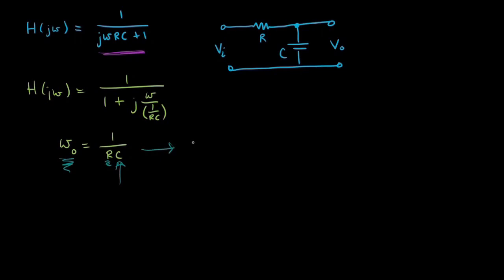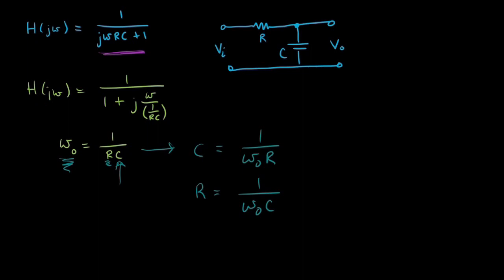Because the capacitance value is going to be 1 over omega naught times R. Alternatively, I can pick the capacitor and solve for R. So I would have R equals 1 over omega naught C. So I have some flexibility, but I'm essentially going to end up with a simple low-pass filter that has a particular break or corner frequency. And in this case, we'd call it the cutoff frequency.